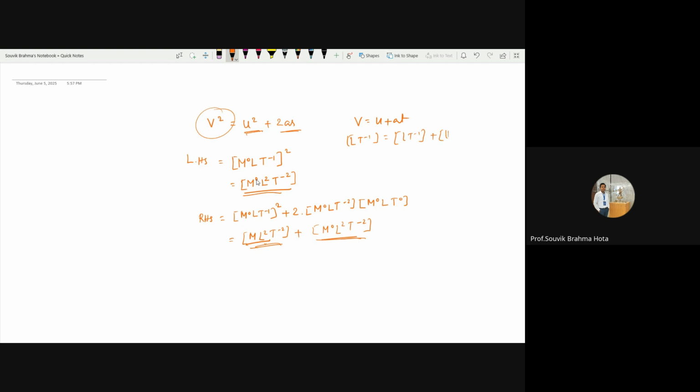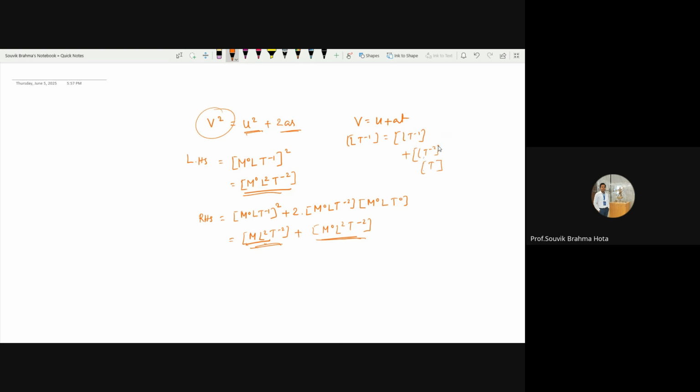Acceleration is L t to the power minus 2, and then t is only t.